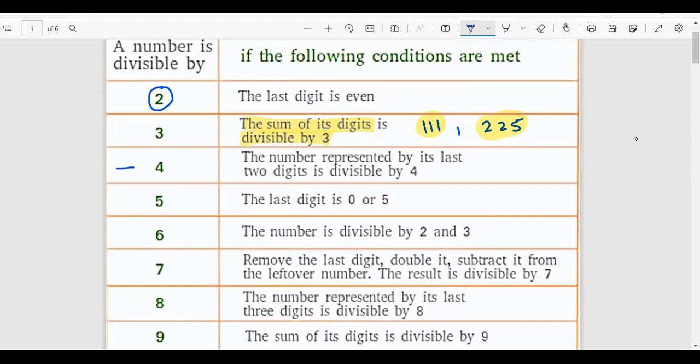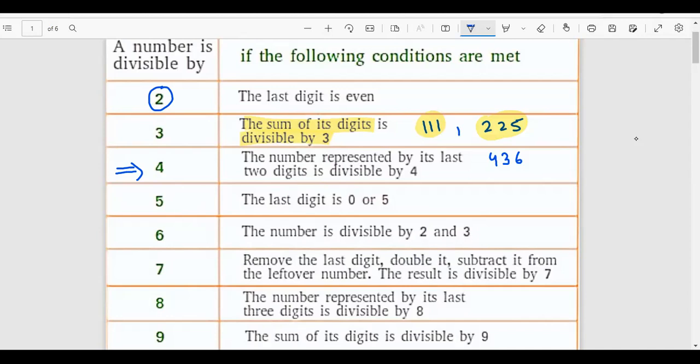Okay, let's talk about 4. The number represented by its last 2 digits is divisible by 4. Let's say I have a number 436. I need to check if 436 is divisible by 4 or not.